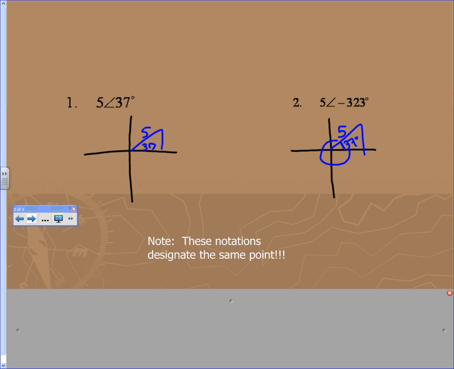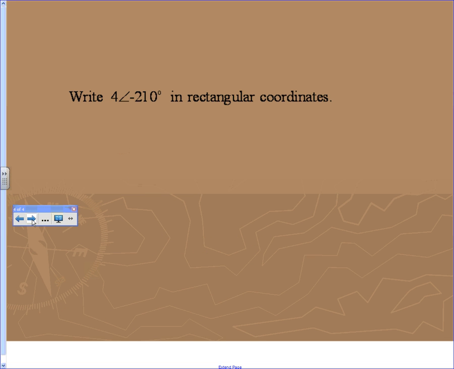Okay, so we're actually going to look at an example, and we're going to write it in rectangular coordinates. We've got 4 at negative 210 degrees.